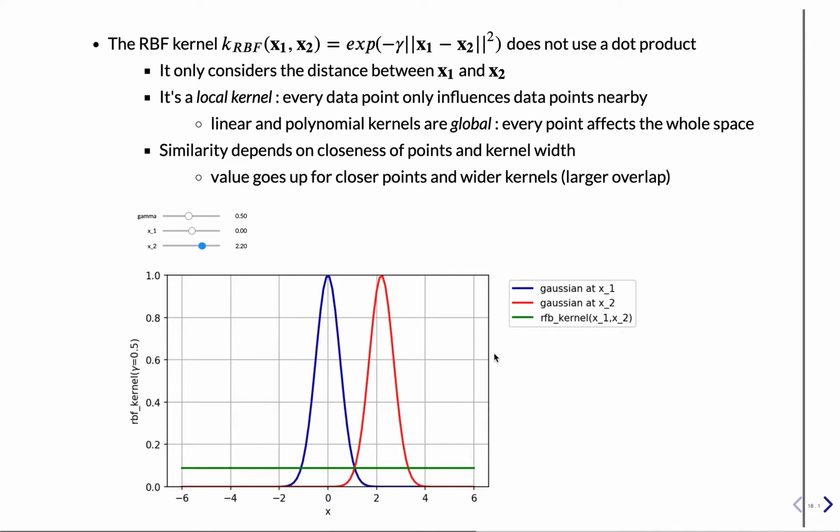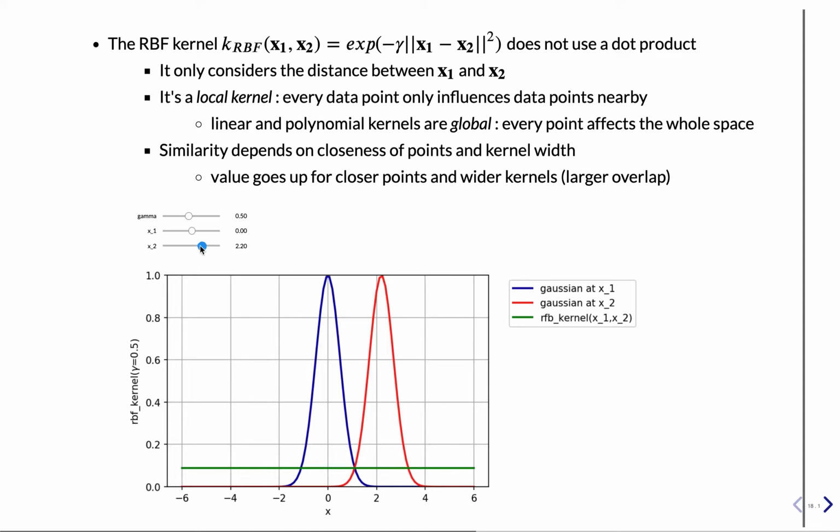In that case, if I evaluate the RBF kernel using a gamma of 0.5, then this intersection here gives me the kernel value. So the similarity of these 2 points is, in this case, 0.1.